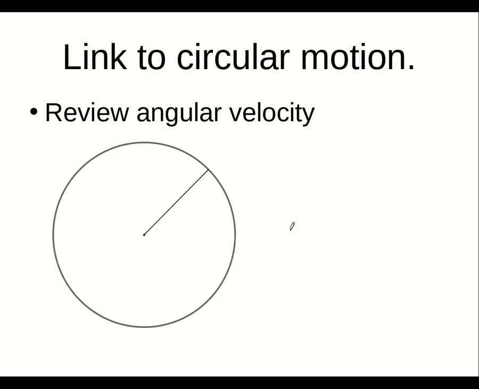How does that link to circular motion? Let's review what we learned about circular motion. So if I put a horizontal line here, I'm going to measure my angle theta from that horizontal line. This disc is rotating, so this radius will move around over time. So sometime later it will be over here. This angle therefore will increase, and the rate of increase of that angle is known as the angular velocity, omega, and it's measured in radians per second.